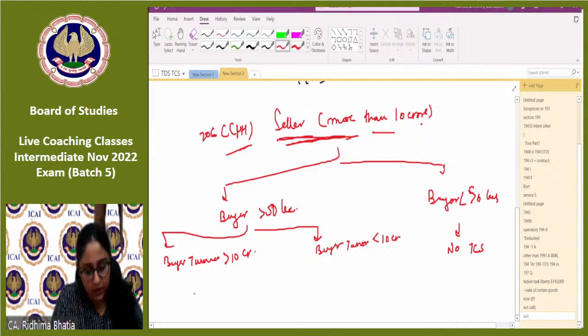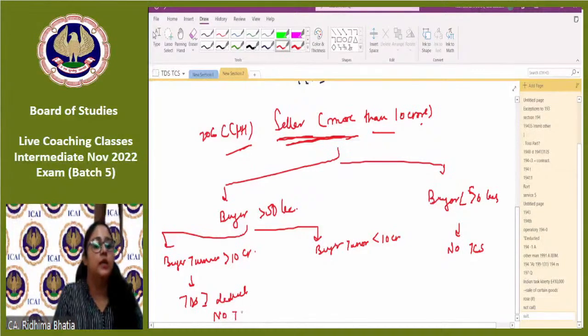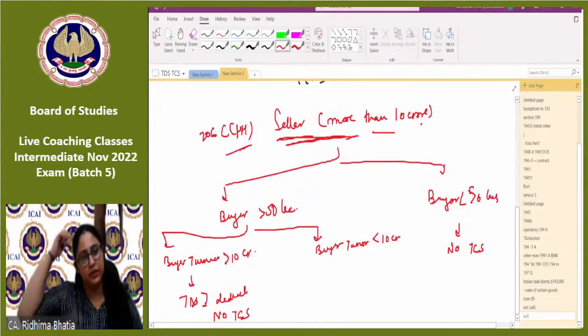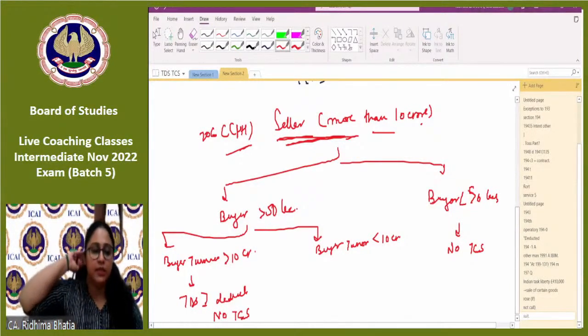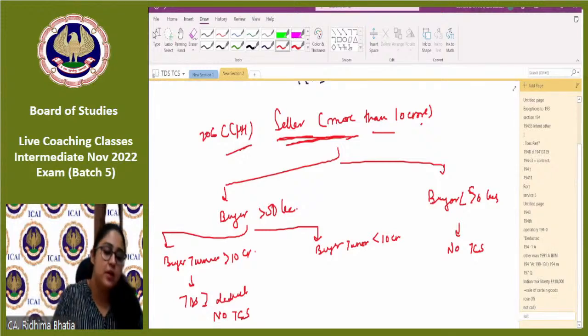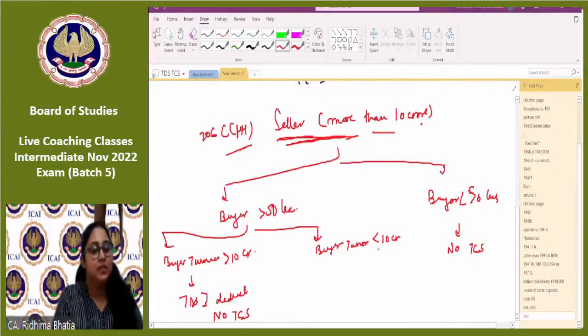If buyer का turnover is more than 10 crore, then he will deduct TDS. So you do not have to collect TCS because he is already deducting it. But if buyer का turnover is less than 10 crore, then he will not deduct TDS, no TDS under 194Q.